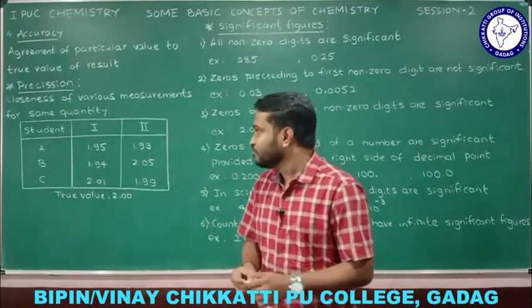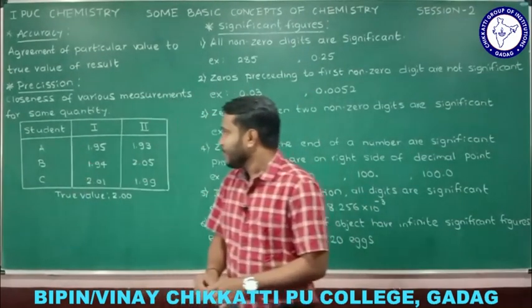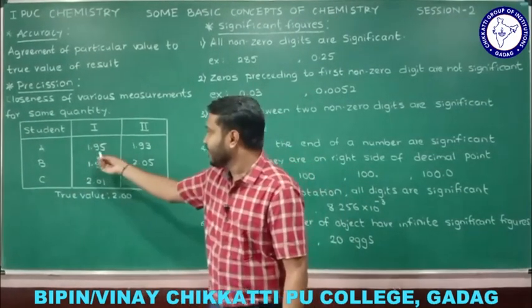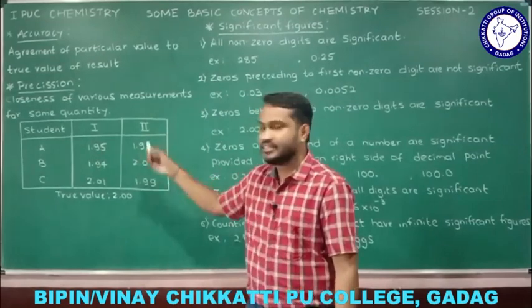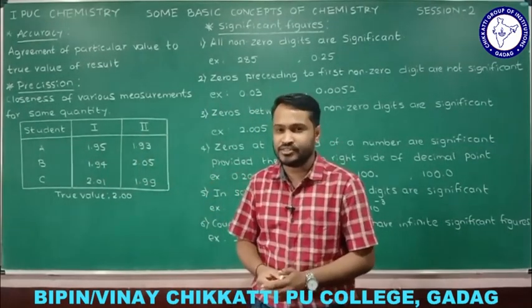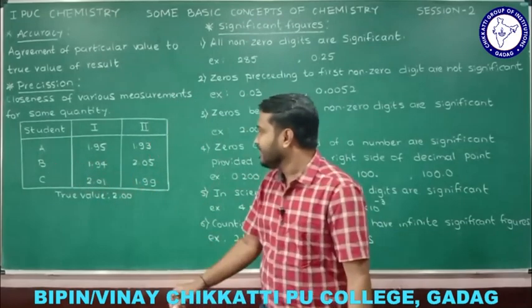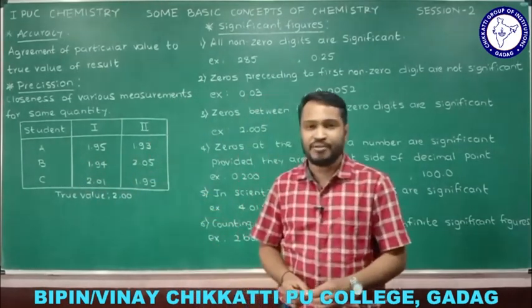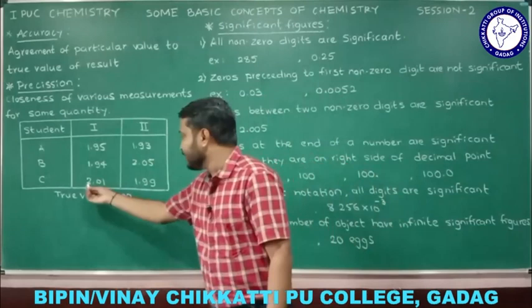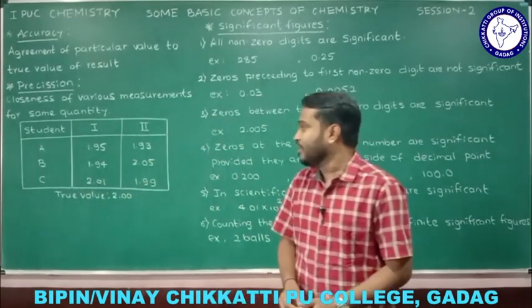So let us assume student A gets the readings 1.95 and 1.93, in grams you can consider. Student B is going to get 1.94 and 2.05. Student C is going to get 2.0 and 1.99.